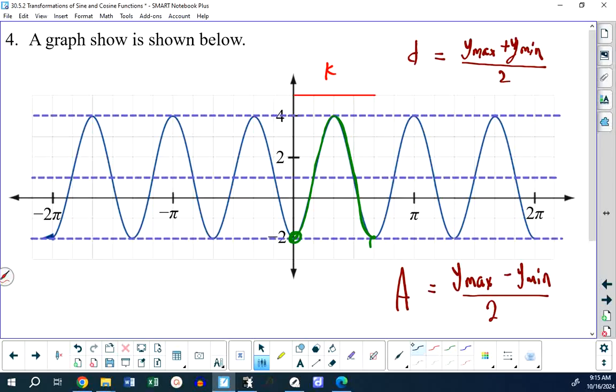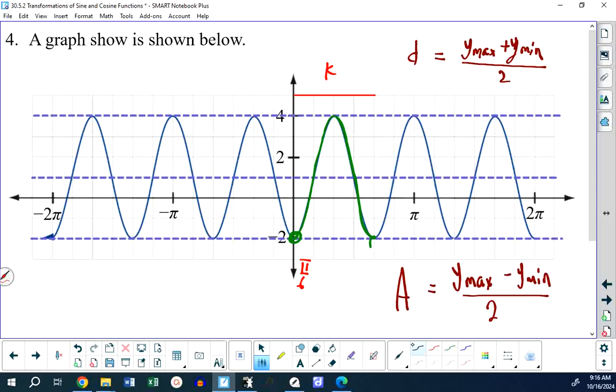Would you agree? So we have to read what that is. Now, how do we do that? Well, I would start by looking at the fact that pi is 6 squares. What that means is 1 square is pi over 6.